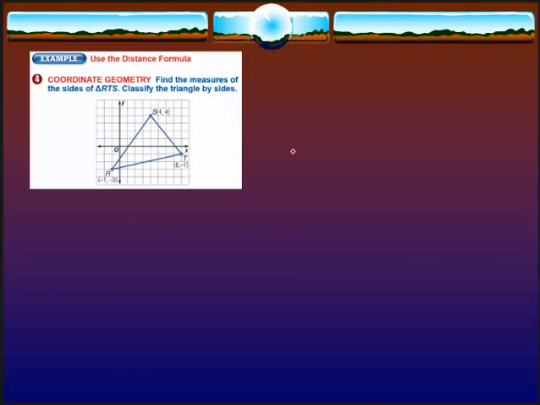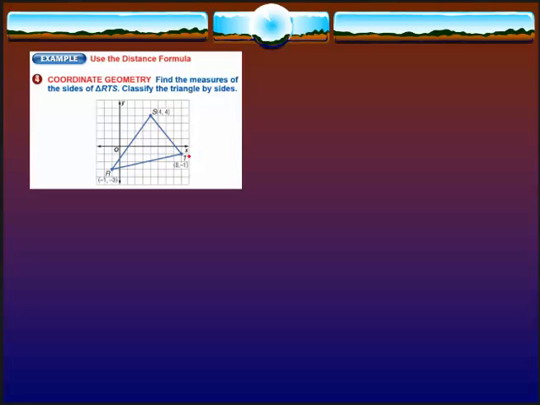Find the measures of the sides of triangle RST and classify the triangle by sides. So we need to know if this is equilateral, isosceles, or scalene. So we need to know the length of each side.